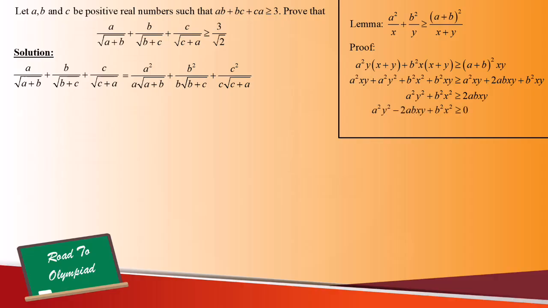Subtracting the 2abxy, we have (ay minus bx) the whole thing squared is greater than or equal to 0. This is definitely non-negative as a perfect square, so the lemma follows accordingly.